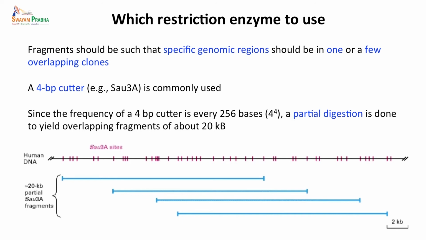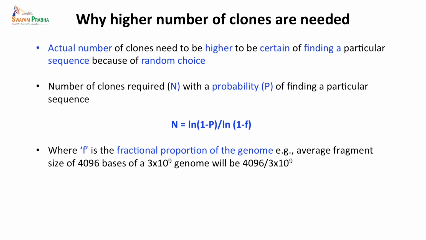So you spread out your genome library on plates, maybe you have 10 or 15 such plates, and you want to find the gene of your interest. Because it is a random choice, the actual number of clones needs to be much higher to increase the probability of finding a particular gene of interest.